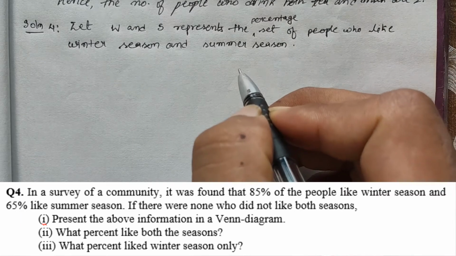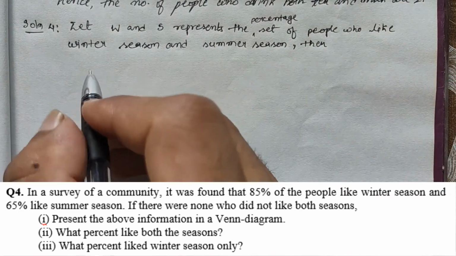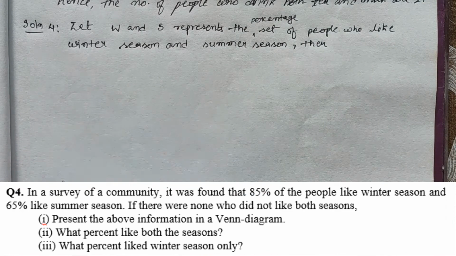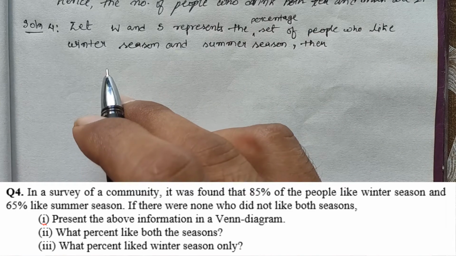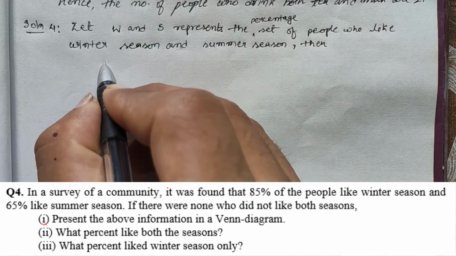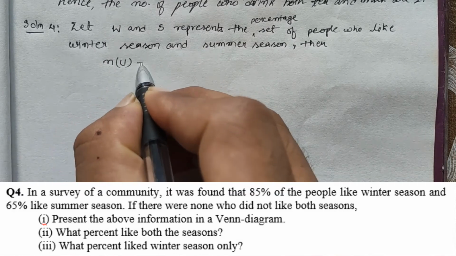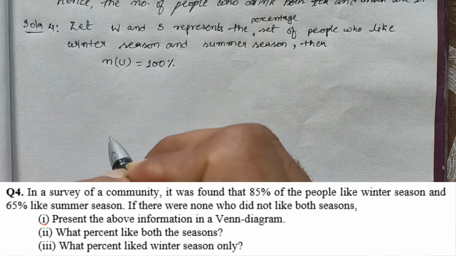In the case of percentage, the total percent is always 100, so you can write n(U) as 100%, because the total percentage is always 100.